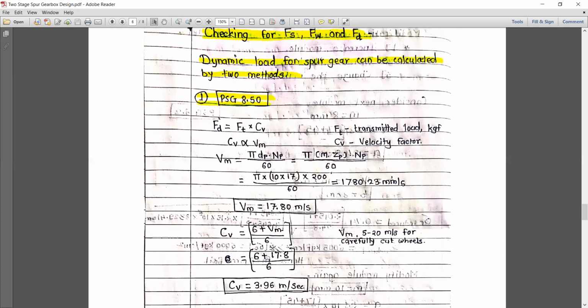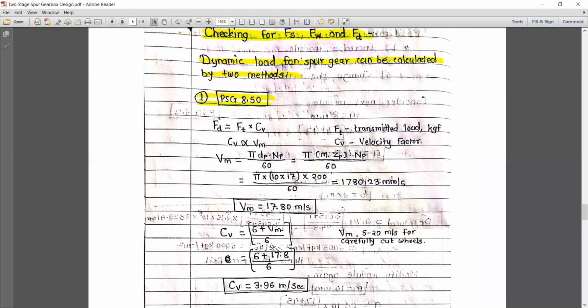V is equal to pi dn by 60, that we know. Diameter is nothing but module into the number of teeth. So we are calculating all these things for the pinion. So Vm is equal to pi dp, that is diameter of pinion, and np the speed of pinion, divided by 60. So how will we find dp?